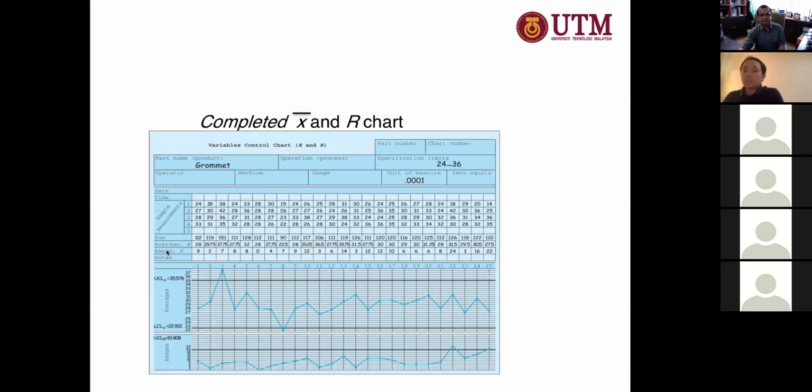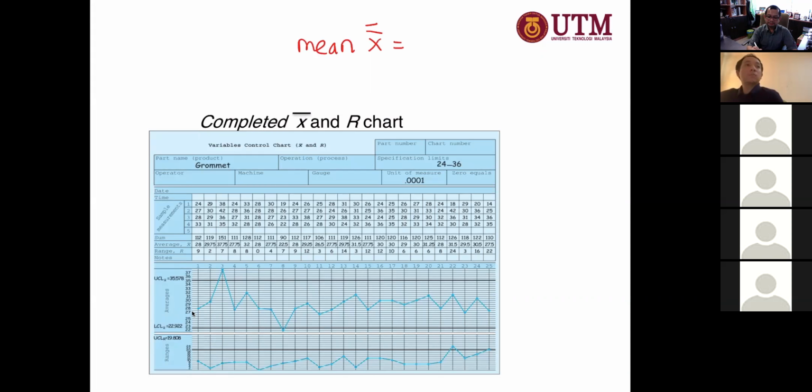So after we have this, basically we can plot like this. We can plot, but what is the mean? We want to know the mean. The mean is X double bar.